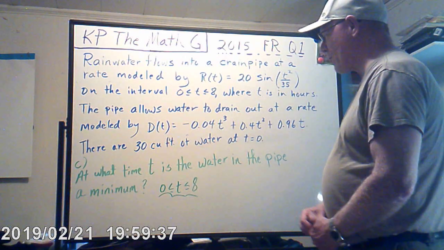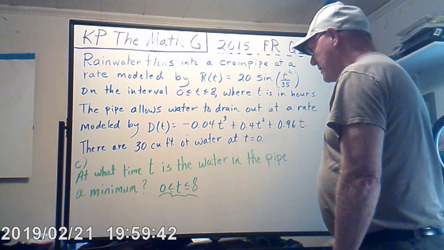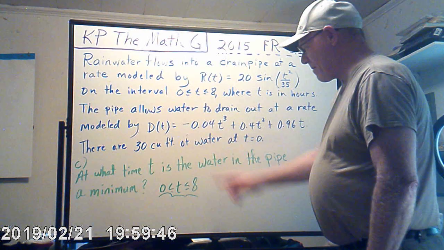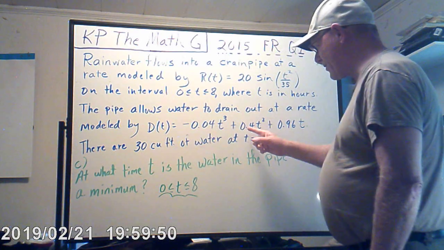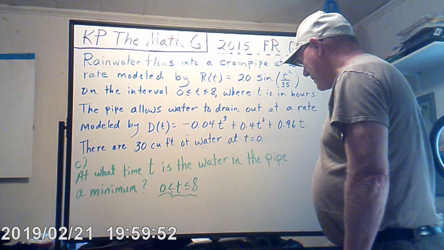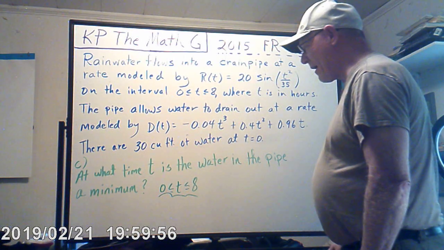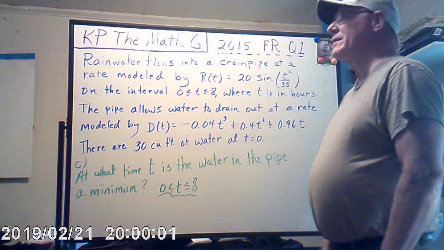The pipe allows water to drain out at a rate modeled by D of T equals 0.04 T cubed plus 0.4 T squared plus 0.96 T. There are 30 cubic feet of water at T equals 0.